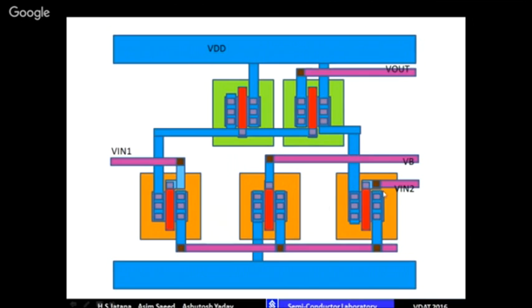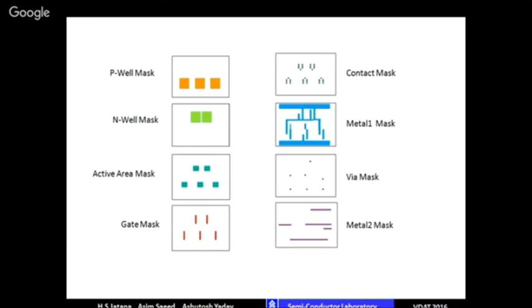We take the output from here, Vout, and this is VB, the biasing part of these transistors. You can see various colors and various polygons, and these polygons represent some layer. We will see these things.